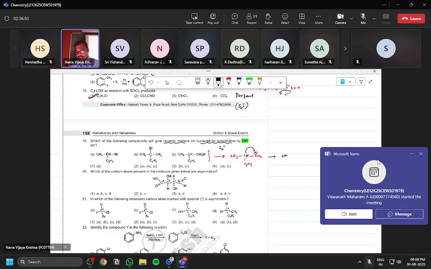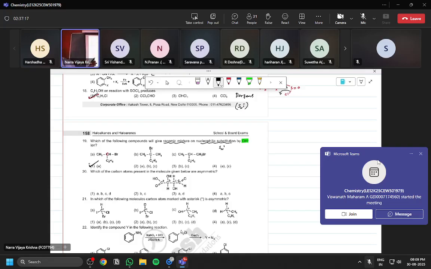CH3, C, CH3, C2H5 plus, correct? Even if you get OH here, it is not chiral, no? Both are methyl groups only. Same way here also it is not chiral. Both are methyls only. So answer is only A, because these two are not giving chiral product.